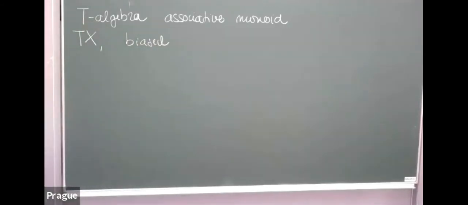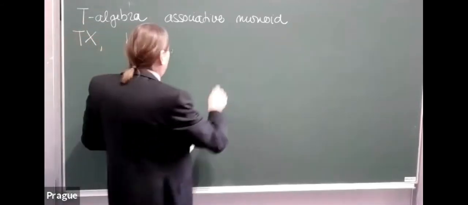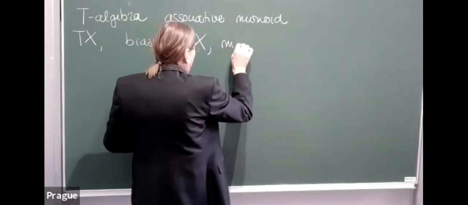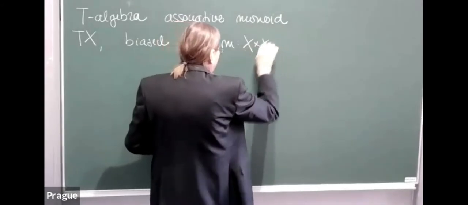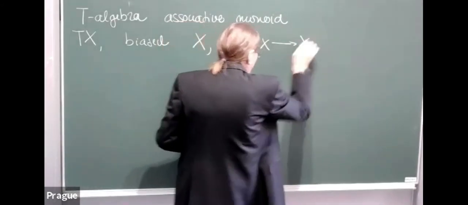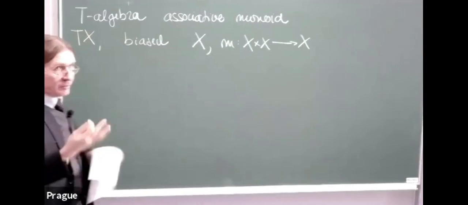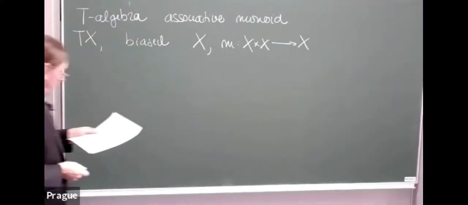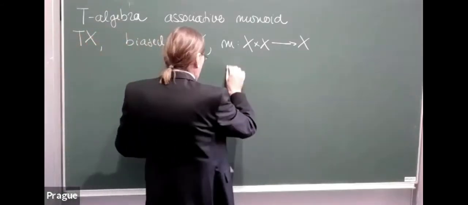Biased definition of a monoid, non-unital monoid, is a set X and a binary operation from X times X into X. So now I have just one operation, so the definition is biased towards binary operations, and it must be associative.